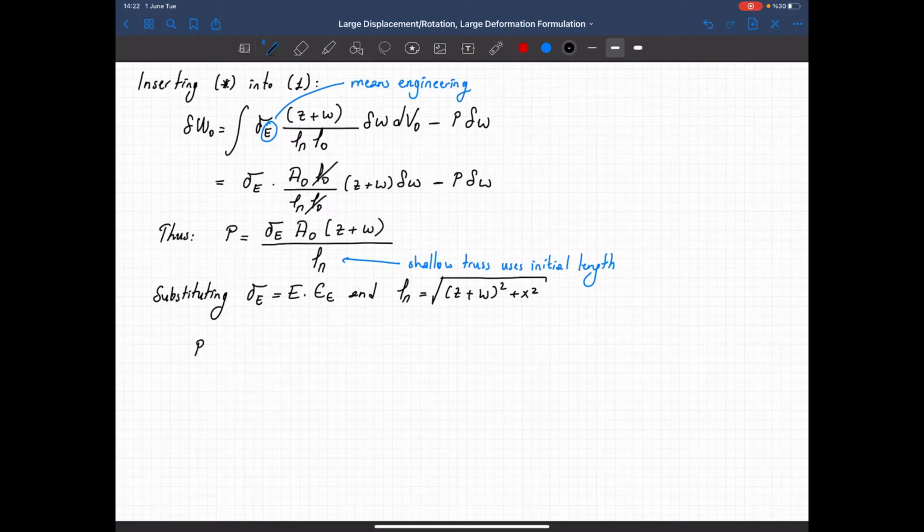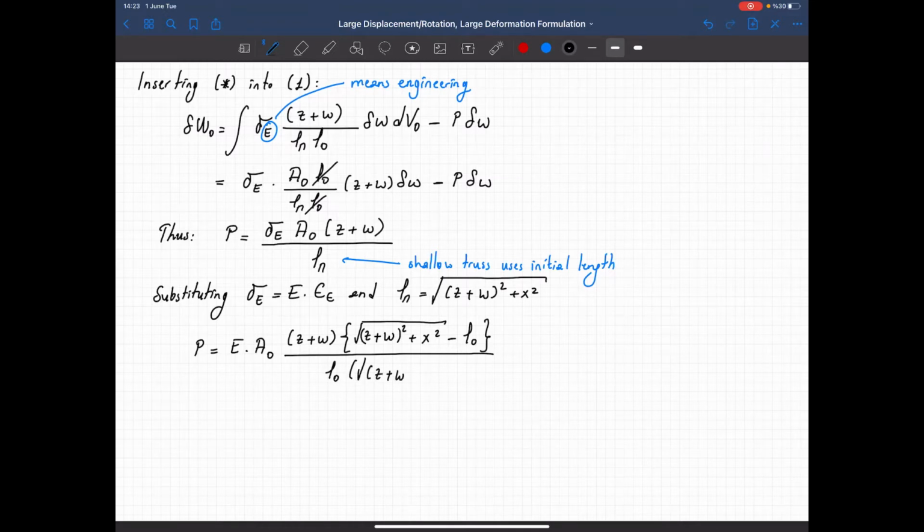At the end of the day we get P as equal to E times initial area, times (Z plus W), times the square root of (Z plus W) squared plus X squared minus L0, divided by L0 times the square root of (Z plus W) squared plus X squared.